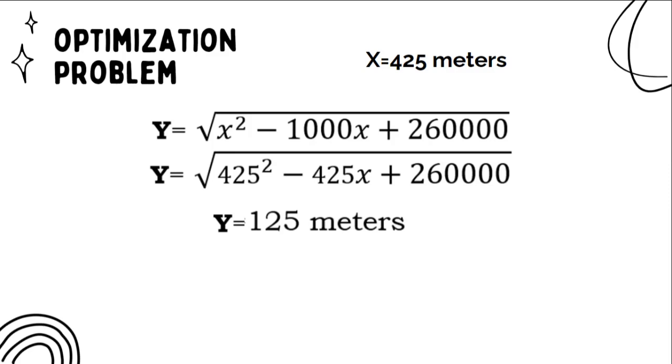We need to substitute in the function of y that we calculated in the first part of the problem, substituting the variable x as well, and we obtain the result, which is 155 meters.